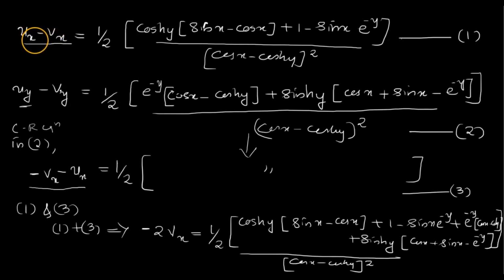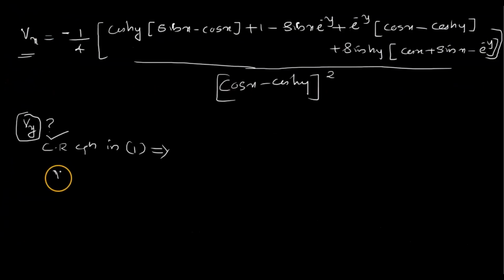We can use ux is equal to vy and minus vx is uy. We can use CR equation here. So we get vy plus uy equal to that equation 1. Equation 1 is vy plus uy. We use CR equation in equation 1.